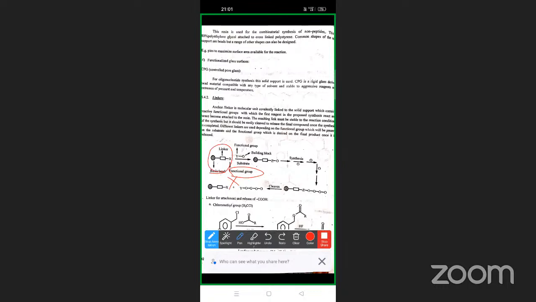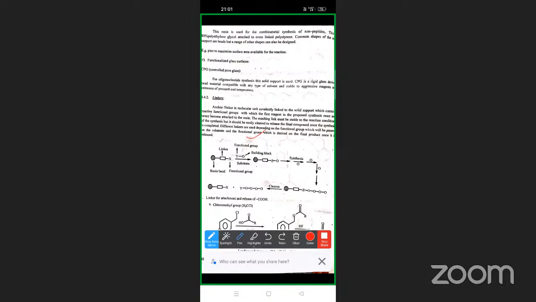This resin bead with the linker is going to react with your substrate molecule or the building block here. This substrate molecule also has a functional group, Y. Every substrate molecule has its own functional group here.